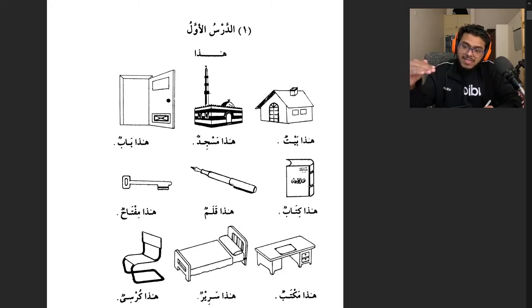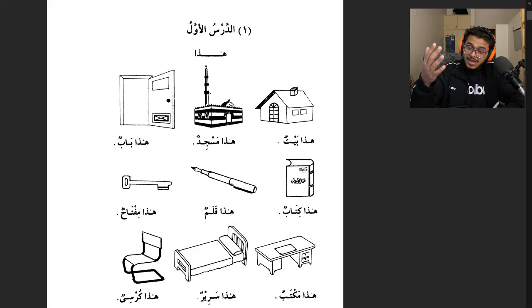This ma hada is used for ghayru aqil, for non-intellectual beings, non-intellectual things, not human beings. But man hada, which is the equivalent of who, is used for intellectual beings like human beings. Even if it is a kid, even if it's an engineer, muhandisun, or a teacher, muallimun, mudarrisun, talibun.